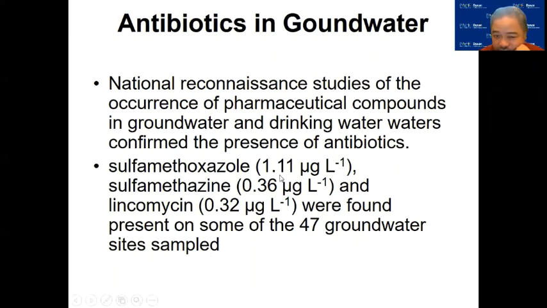In some of them, they found 1.11 micrograms per liter of sulfamethoxazole, 0.36 micrograms per liter of sulfamethazine, and lincomycin at around 0.32 micrograms per liter, present in some of the 47 groundwater sites that were sampled.